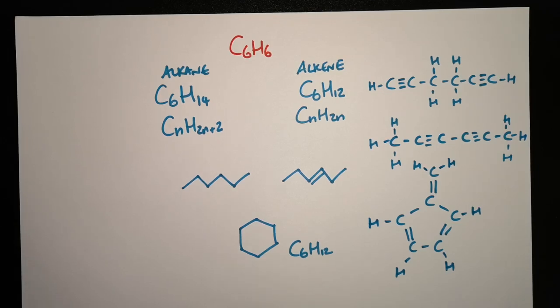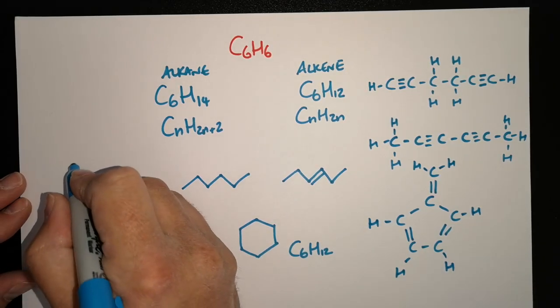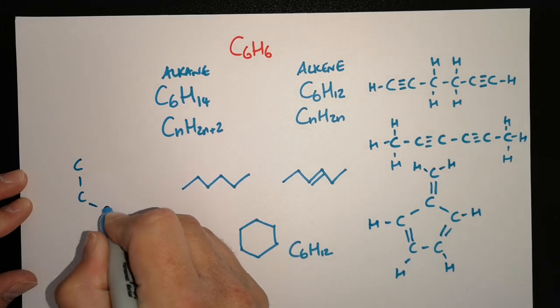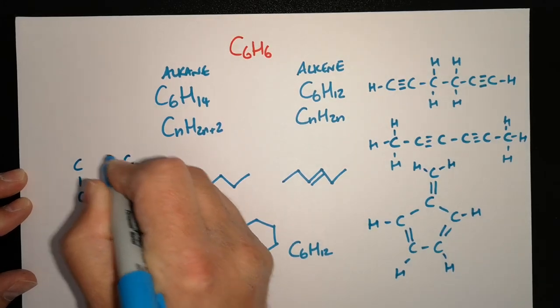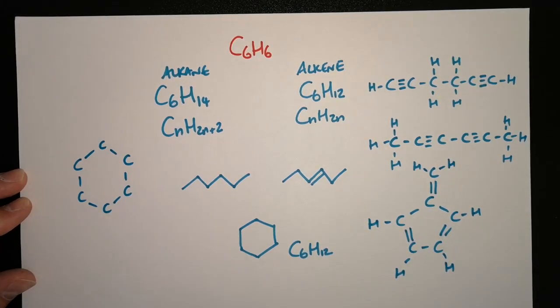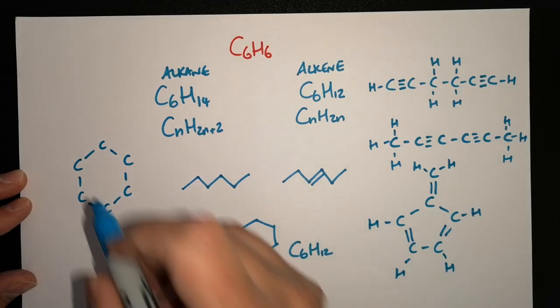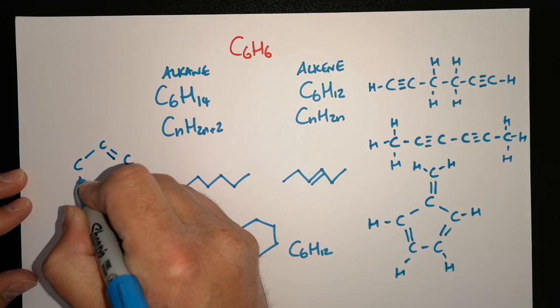Another one that you might have come up with, I'll do it on this side of the page, is 6 carbons in a ring, so much like our cyclohexane here. But similar to this one, I'm going to need 3 additional bonds between carbons. So it might be there, there, and there.